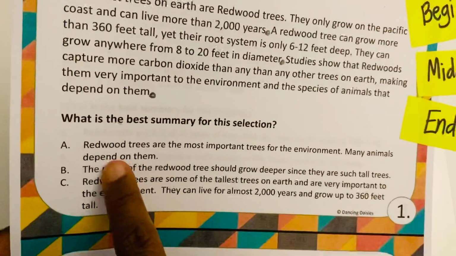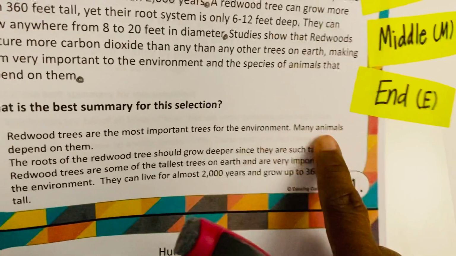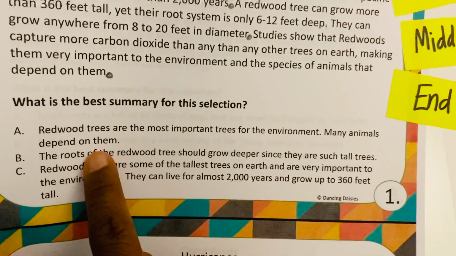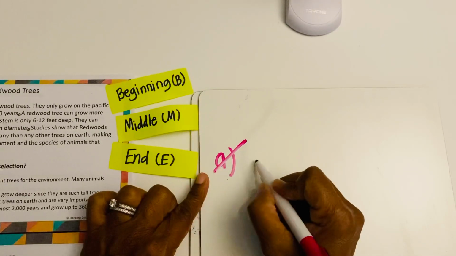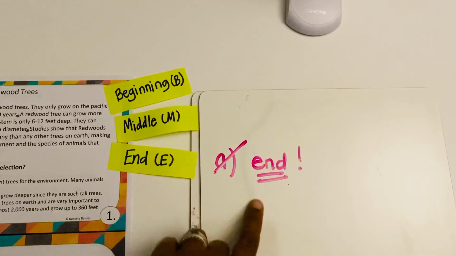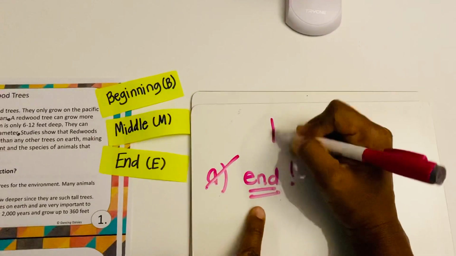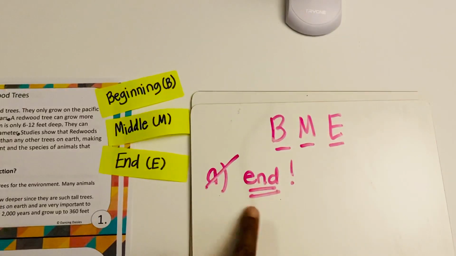Or is that just one section? I think that's not the right answer because it only gave information from the end. So that's not a summary. Remember, a summary has beginning, middle, and end. It's got to have all three. So A is out for me.